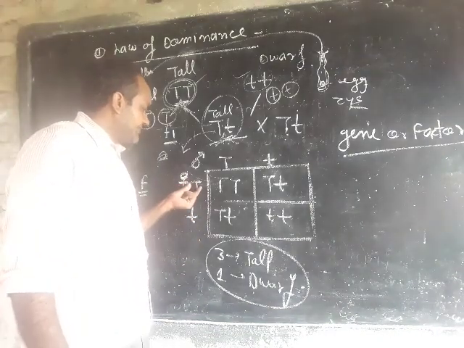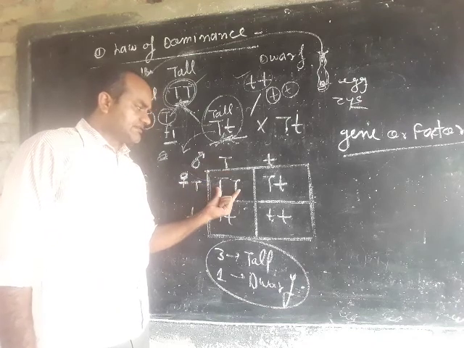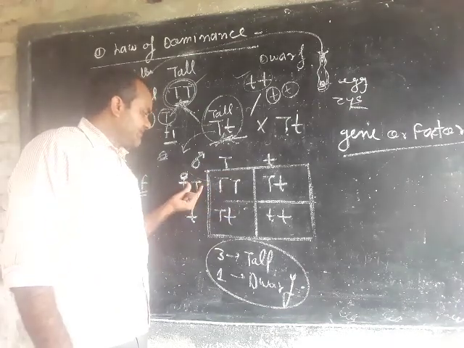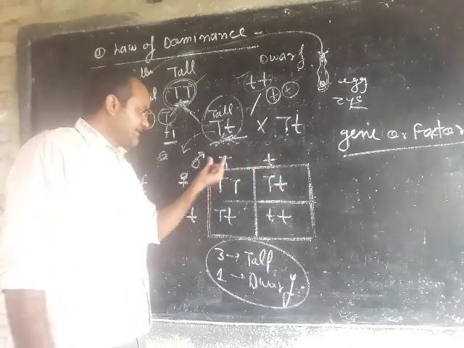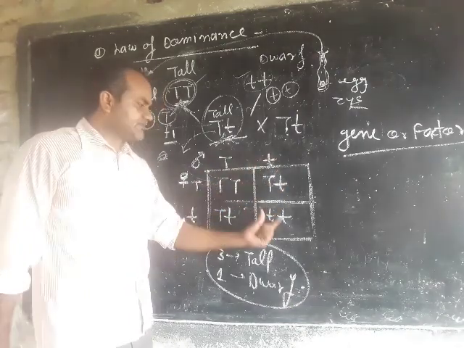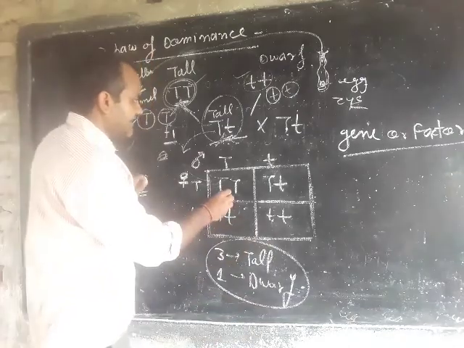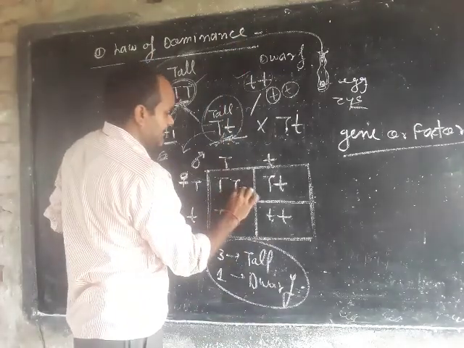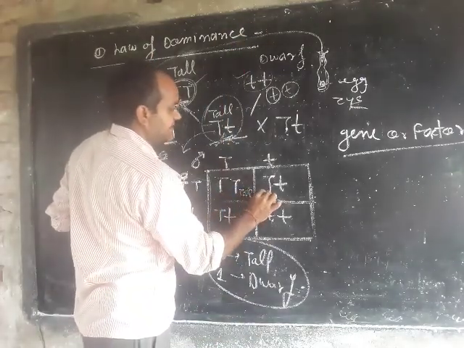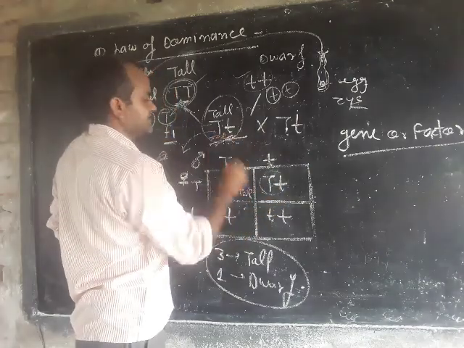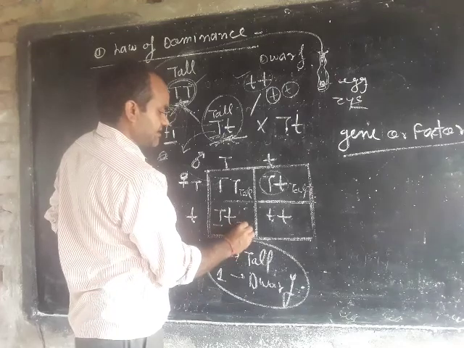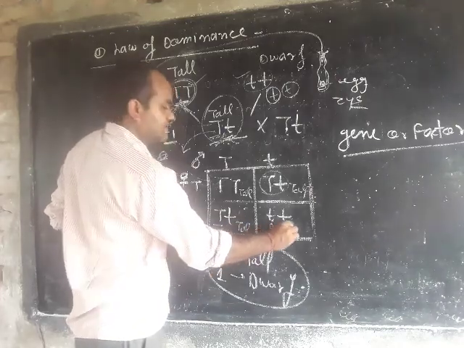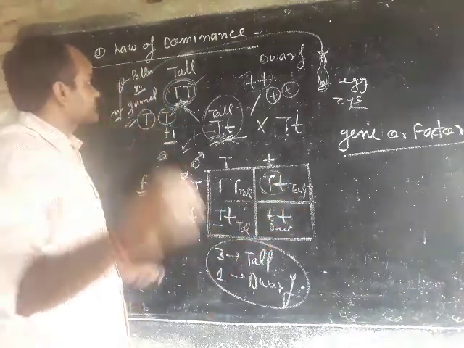We put capital T and small t in this manner here, and small t and capital T here, and small t here. The parent generation is tall, and it also shows F1 generation tall, and it also shows tall, and here is the dwarf condition.